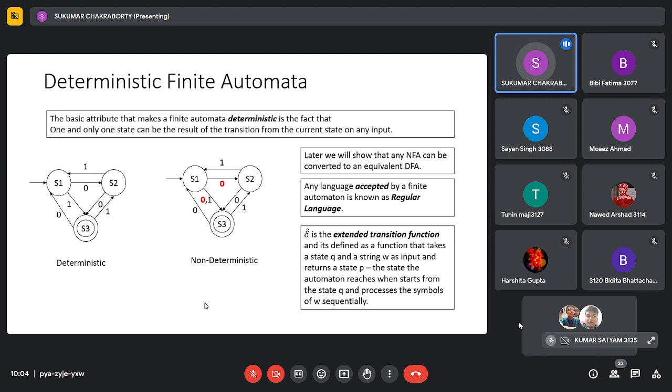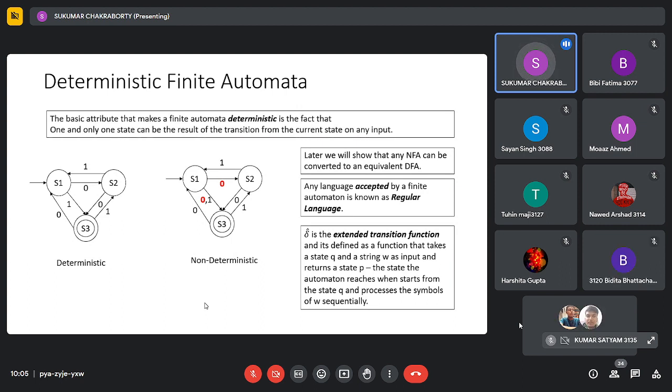The basic difference between deterministic and non-deterministic finite automata is that in a DFA, at every state, for every symbol, the output state is well defined always. Whenever the machine is computing, the symbols are fed one by one and the state is transitioned from one state to another.